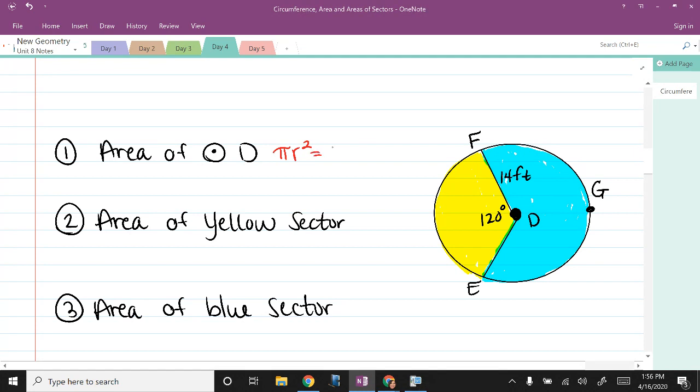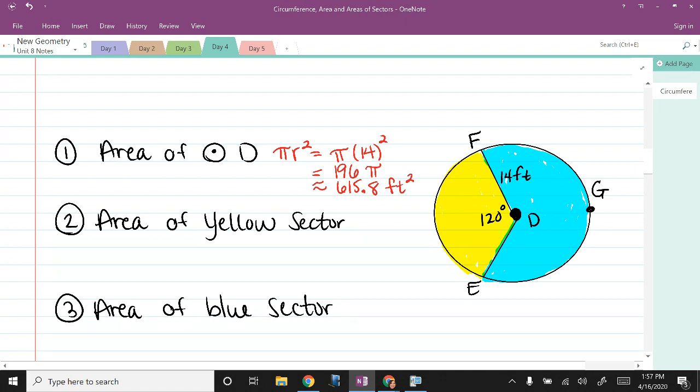So I'm going to say pi times 14 squared. 14 squared is 196, so we can just call that 196 pi. If we want to approximate that in our calculator, 196 times pi is approximately 615.8 square feet.